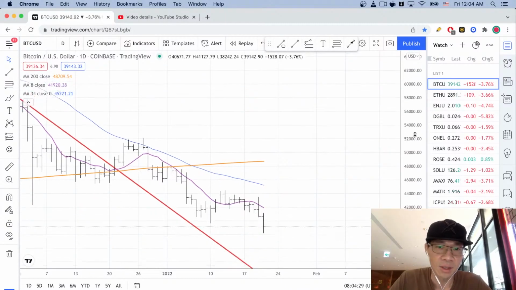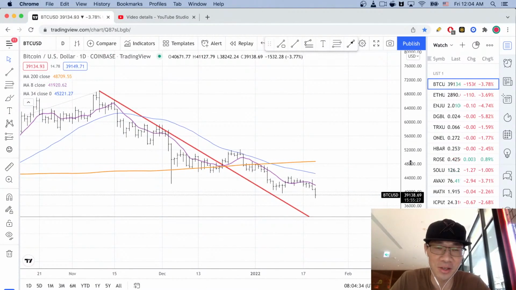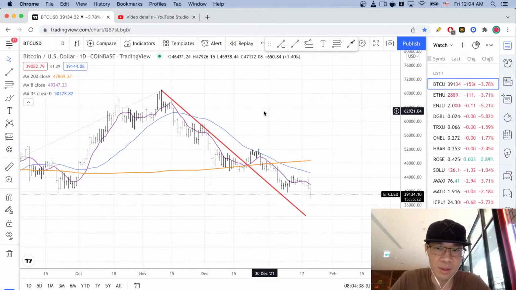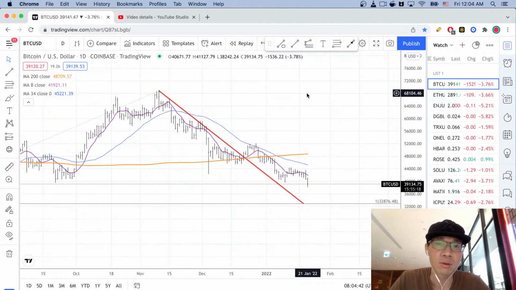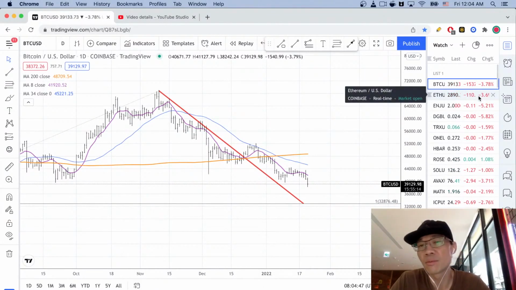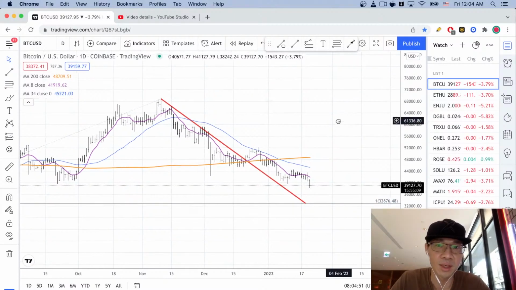But I'm going to talk about the law of conservation of energy, which is important, because energy is never destroyed, but it can move from one form to another. So markets move up, markets move down. There are people making money going up and people making money going down, because at the end of the day it's just some numbers on the screen.